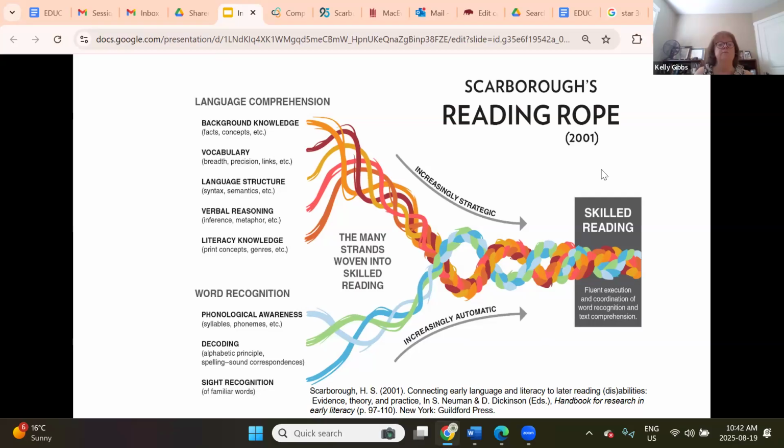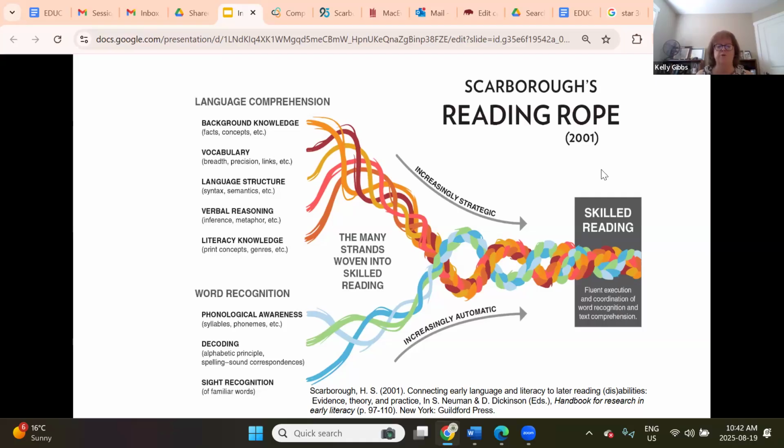The other thing that we're talking about in terms of literacy is how it's broken down. And one of the nicest ways of seeing how literacy works is through Scarborough's Reading Rope.